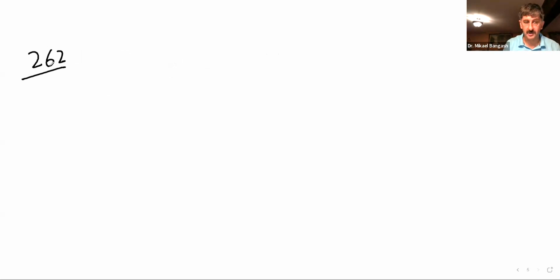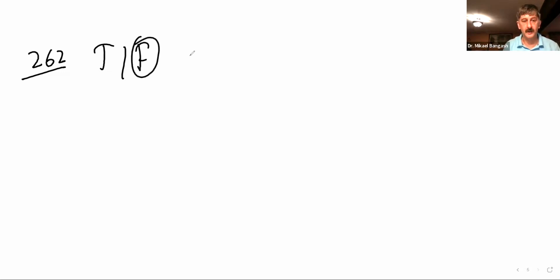which is 262. So again, true or false. Now, the lower the numerical value of longitudinal resolution, the worse is the picture. That's false.